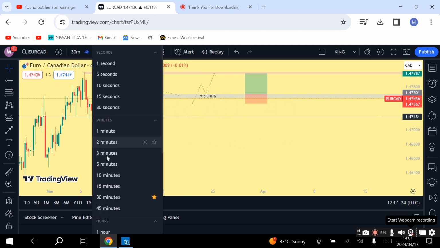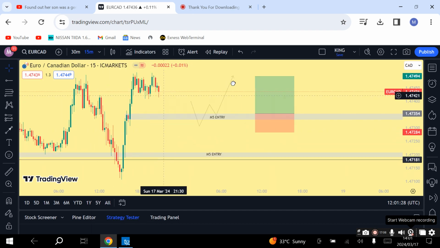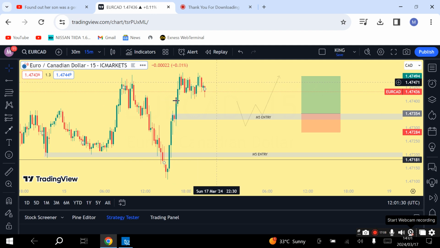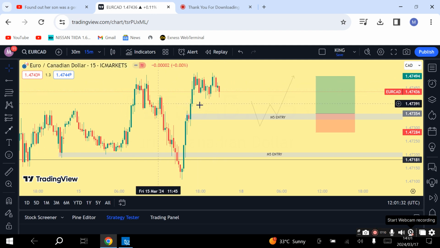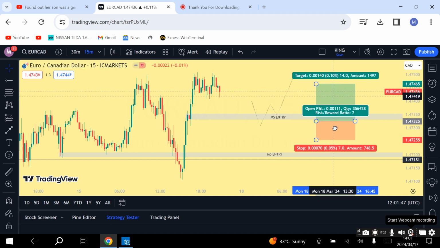But still, on the lower time frame, I anticipate these types of entries. If price pushes back down into these areas, I will have an M5 entry with a 1:2 RR. The same can be said here.